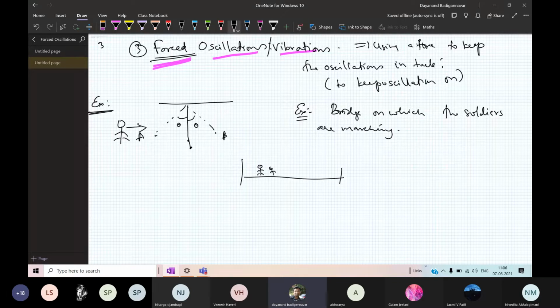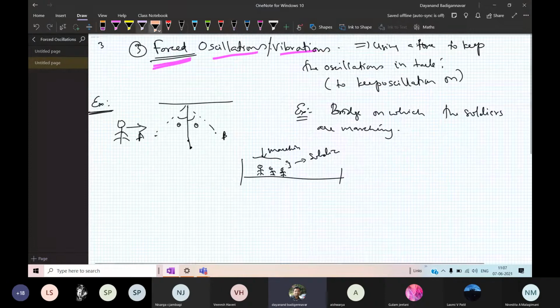They are walking on the bridge. They are marching. What is marching? They all are moving in the same manner. This is called marching. This is also an example of forced oscillation. Once the soldiers march on it, the bridge will start to oscillate.